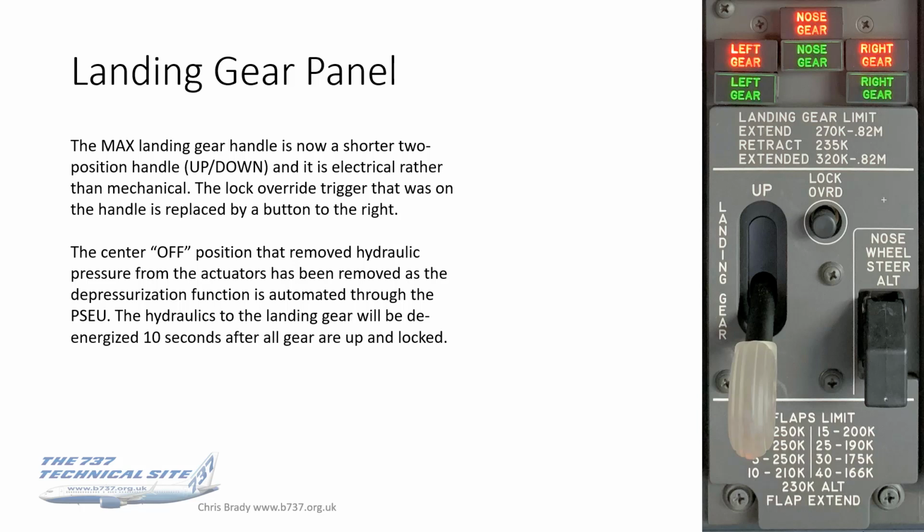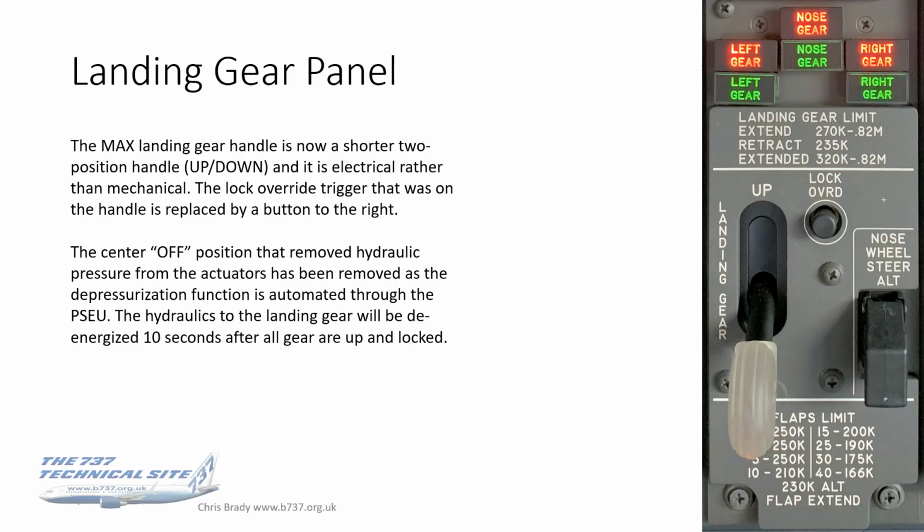All right, so one final thing to say about the landing gear is the panel itself. It's been sort of shrunk and moved. The handle is now a shorter 2-position handle, so it's only up down.